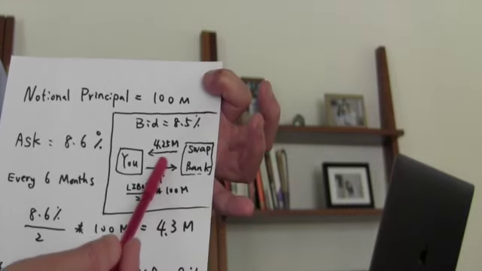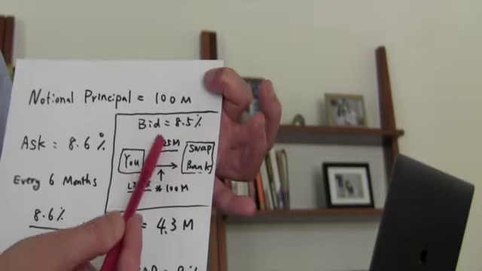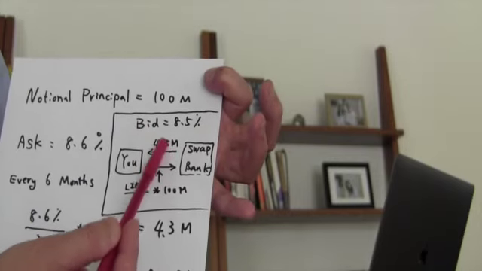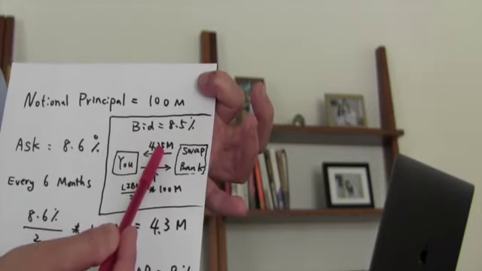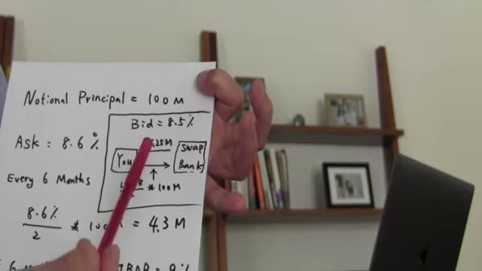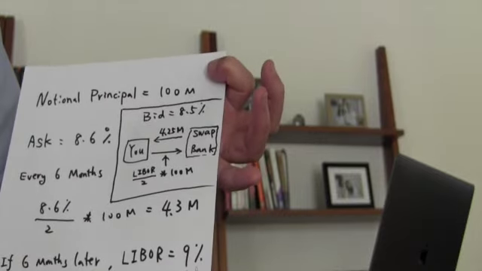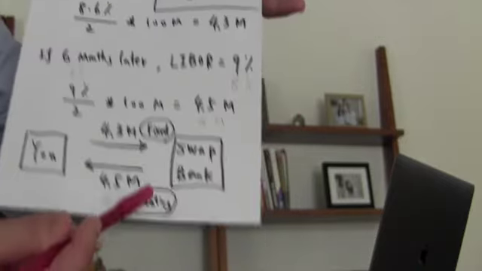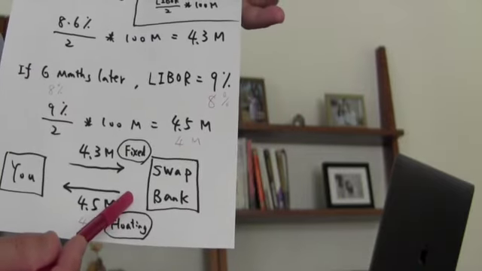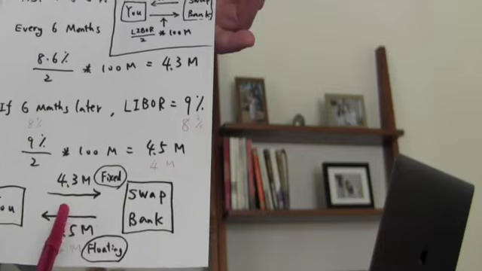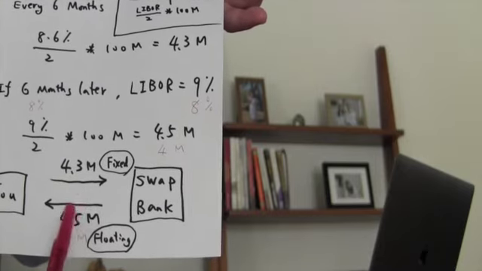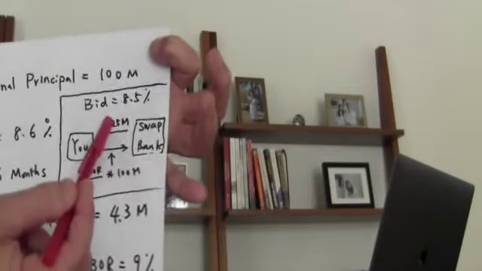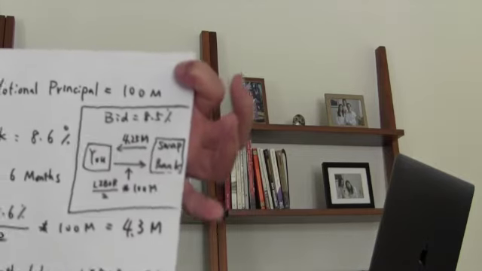Every 6 months our payment will be different, but we always receive a fixed amount of $4.25 million every 6 months for 5 years. So this contract is going to either look like this or look like this, depending on whether you desire a floating cash inflow or a fixed cash inflow.